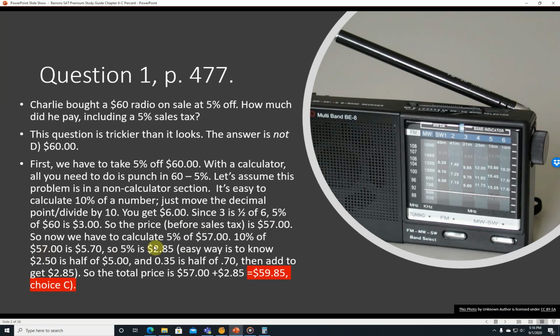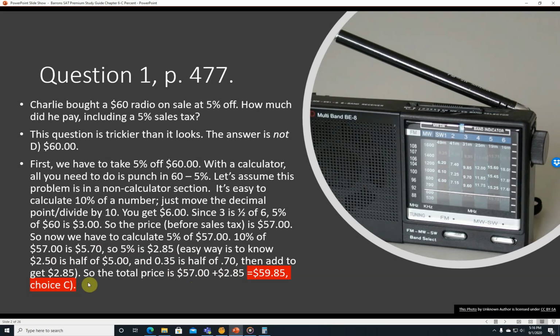So an easy way to do this without touching your calculator is we know that $2.50 is half of $5. So you can say, all right, we'll divide the $5 by 2, and then half of 70 cents is 35 cents. So $2.50 plus 35 cents is $2.85. So then we add $57 plus $2.85 to get $59.85, choice C.